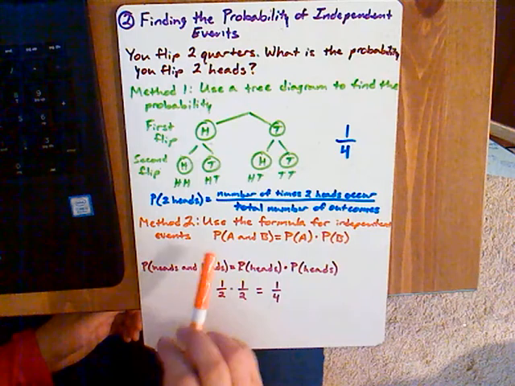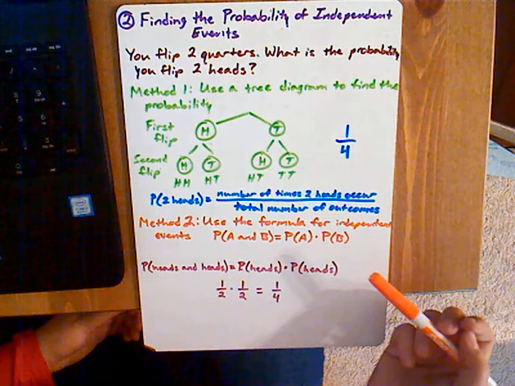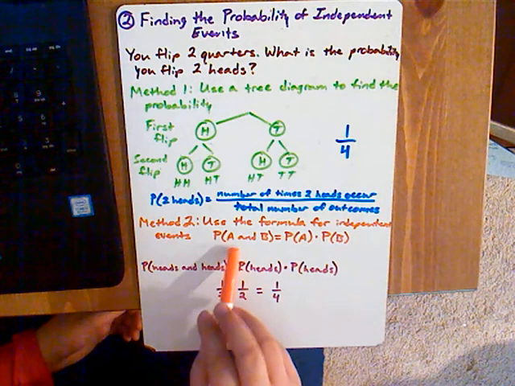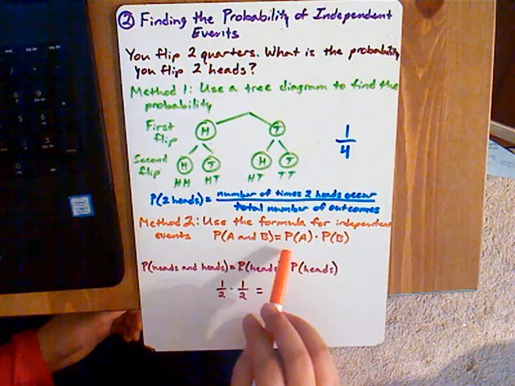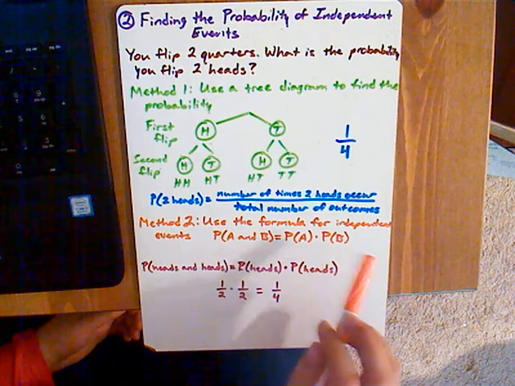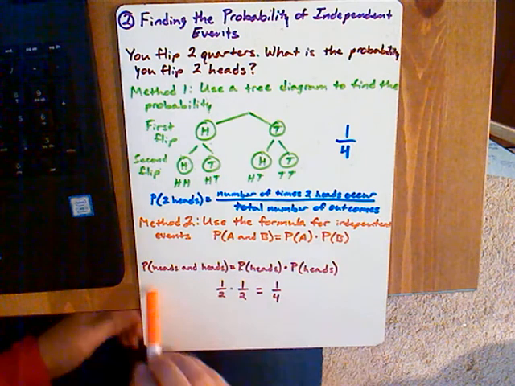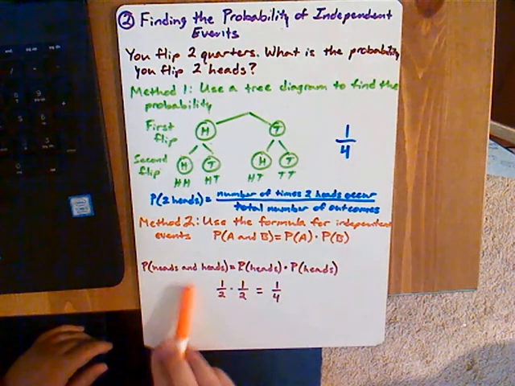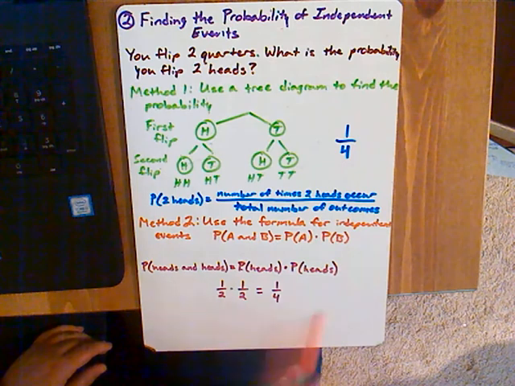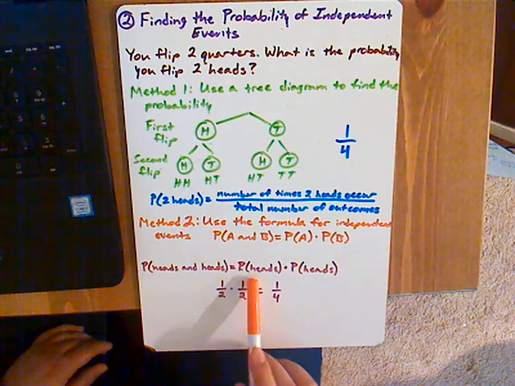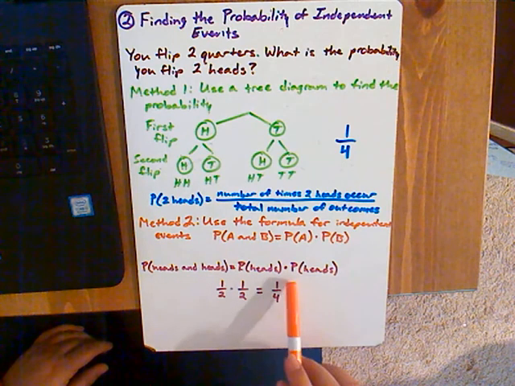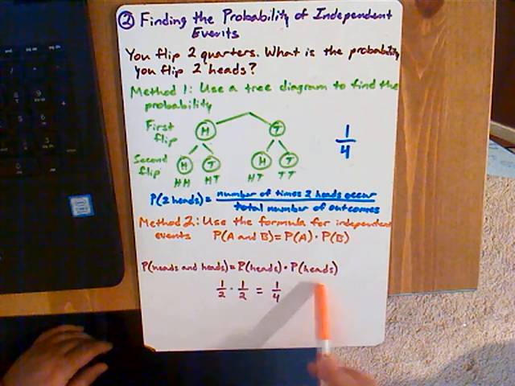So this one, our method 2, uses the formula for independent events. The probability of A and B equals the probability of A times the probability of B. So our probability of heads and heads equals the probability of heads the first time times the probability of heads the second time.